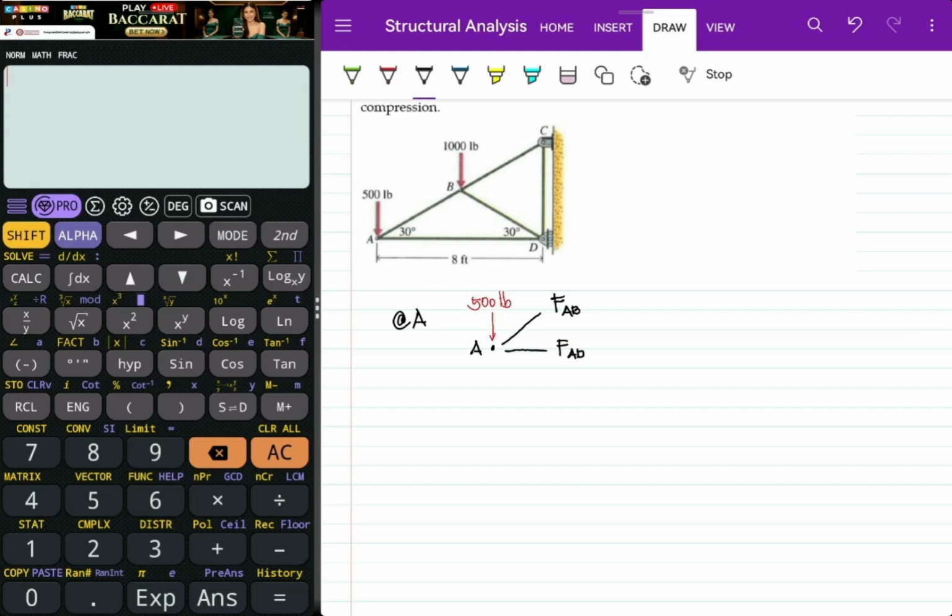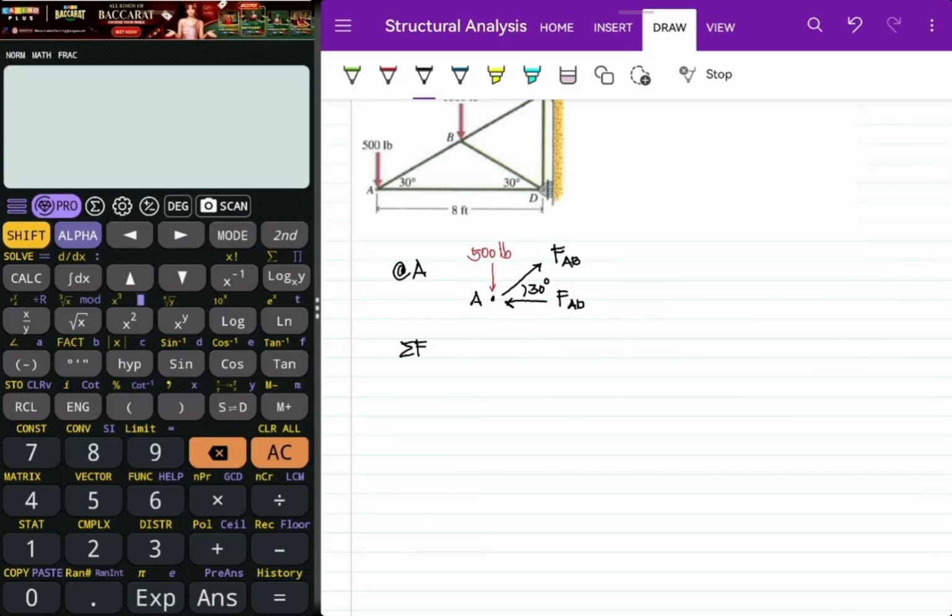Now, just look for the video on the discussion for the assumption of the forces. So we have force AB going up to the right. To counteract that, we have force AD. And this is 30 degrees with respect to the horizontal.